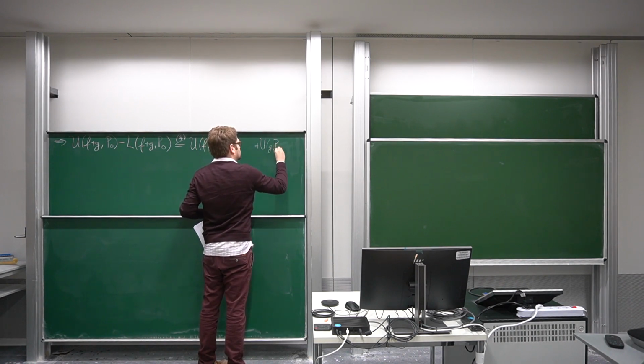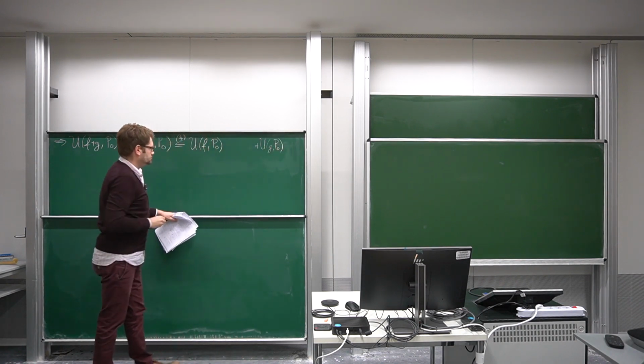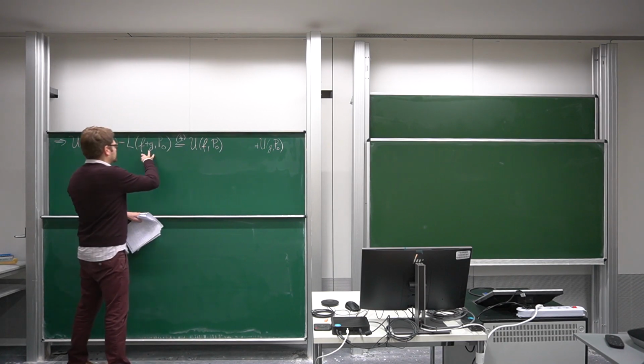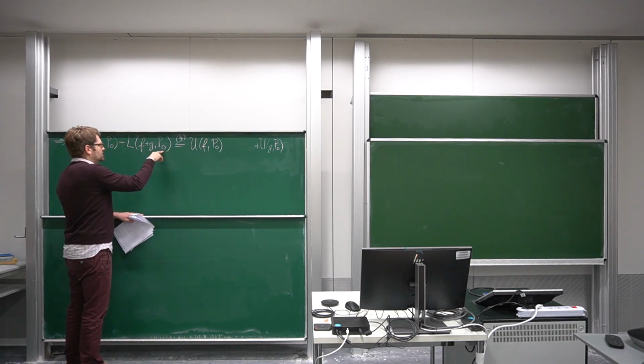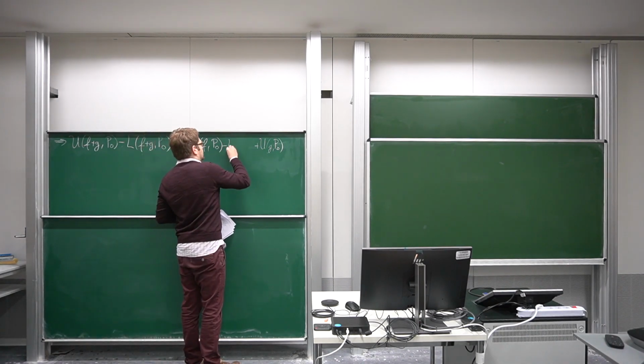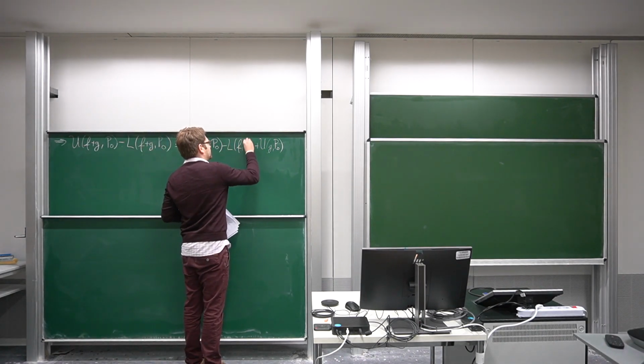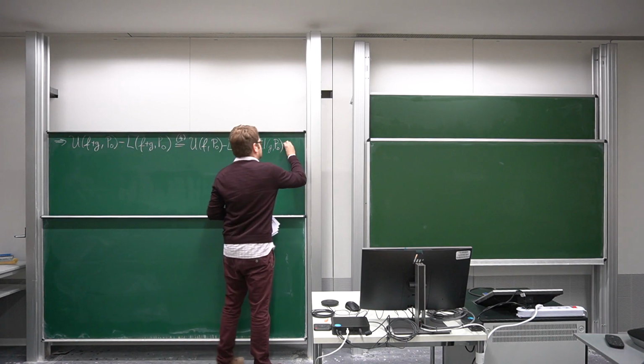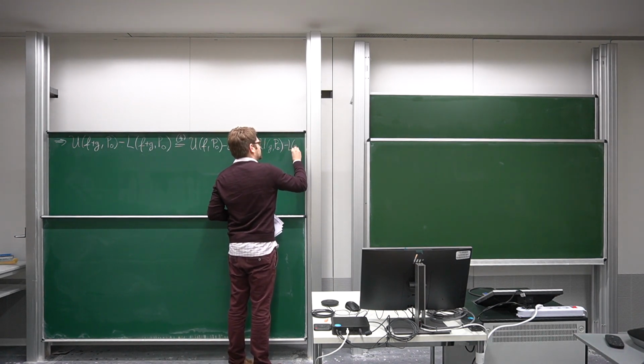I'm just reordering the terms. And now, since there's a minus sign, this is smaller than minus L of f minus L of g. So we can just put this into place: minus L of f, P0 plus minus L of g, P0.